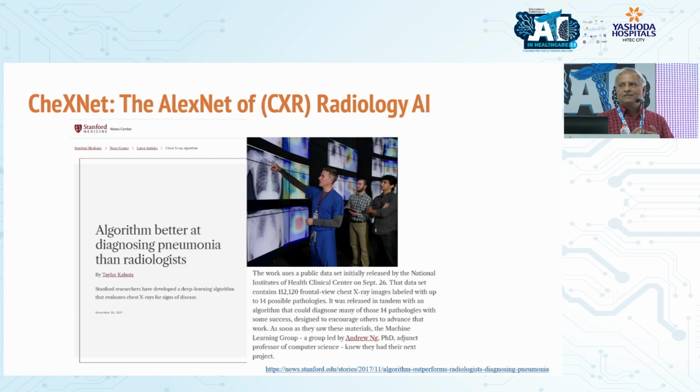One of the flagship applications was AlexNet. 2012 was always marked as an epoch-making moment: before AlexNet, after AlexNet. In chest X-ray, it was CheXNet in 2017, which rode on top of about 100,000 labeled images released by NIH, and this application was built by Stanford.